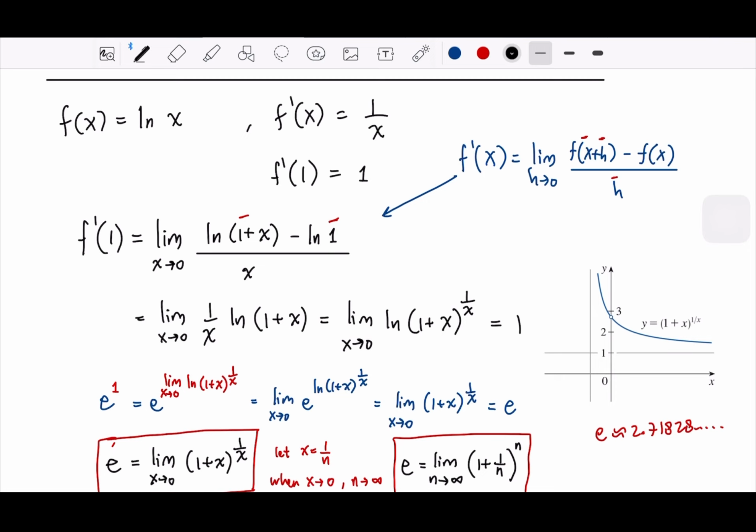So previously we illustrated the number e with some approximation through ln between 2 and 3, ln 2 and ln 3, right? And then ln e is 1, right?